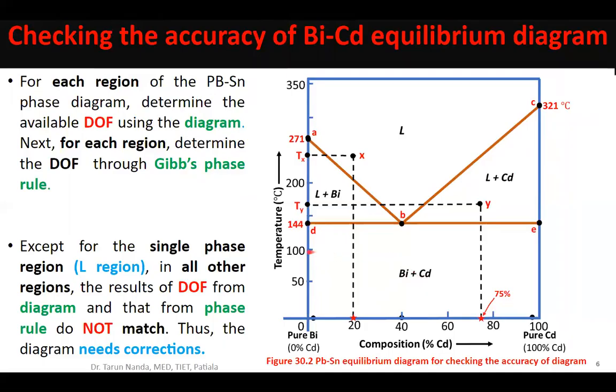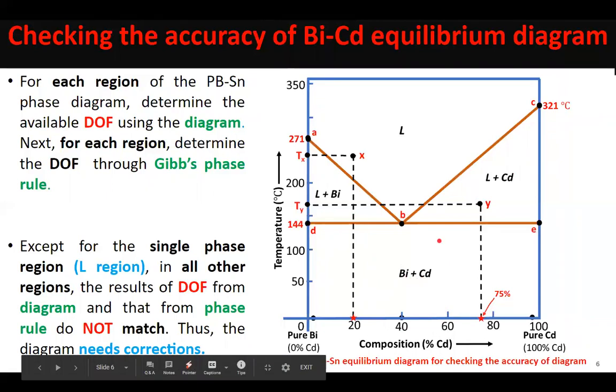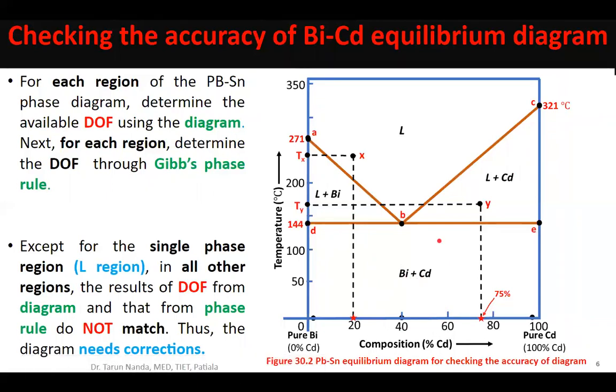Their chemical composition, irrespective of the temperature value, is always 100% bismuth and 100% cadmium. So how many degrees of freedom? 2 degrees of freedom. Temperature is a degree of freedom because with change in temperature in this region, phases are not changing. Composition is a degree of freedom because with change in temperature, the chemical composition of the existing phases is not changing. So that means both temperature as well as composition is a degree of freedom.